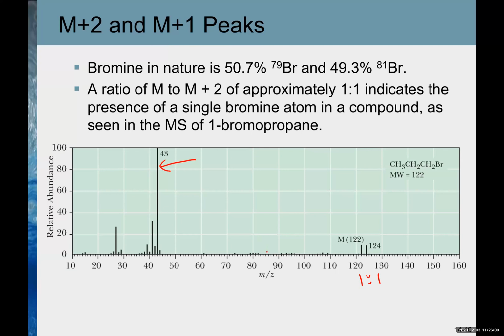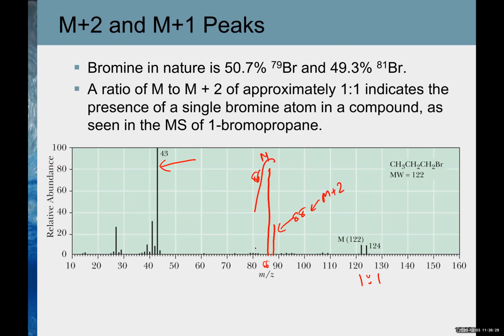And typical behavior of chlorine is, imagine the molecular ion peak is at 86 and we have another peak at 88. So this is M and this is M plus 2.